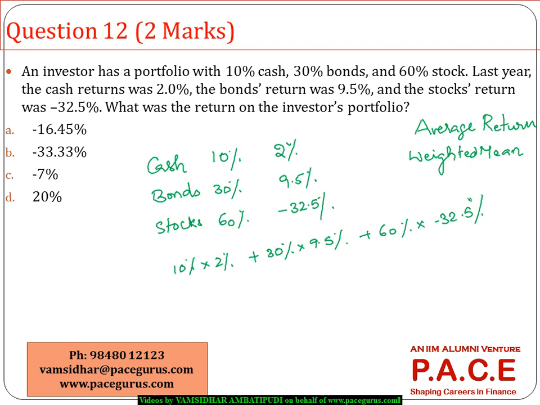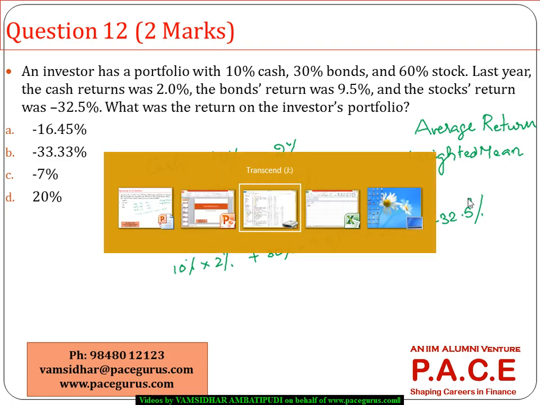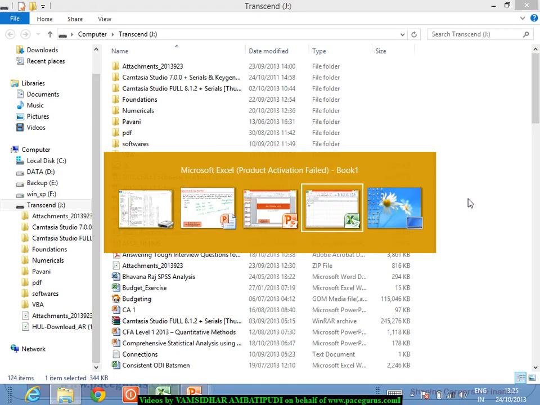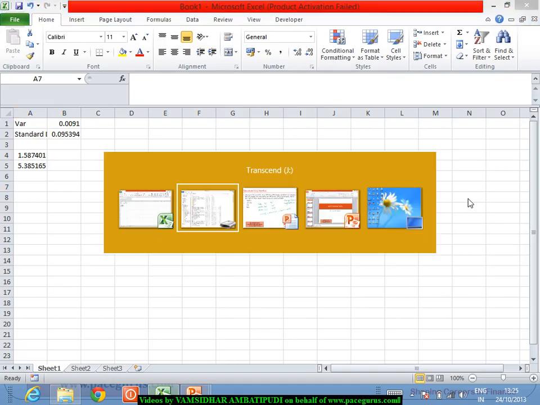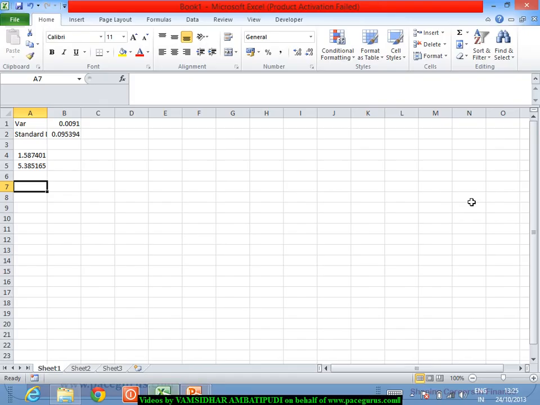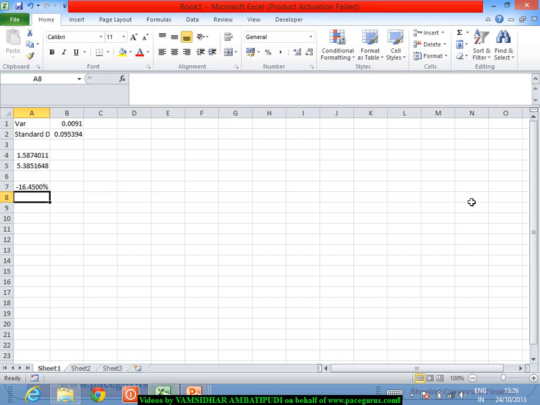So let me try solving that part in the spreadsheet. 10% into 2% plus 30% into 9.5% plus 60% into minus 32.5%, whatever the number that is working out.